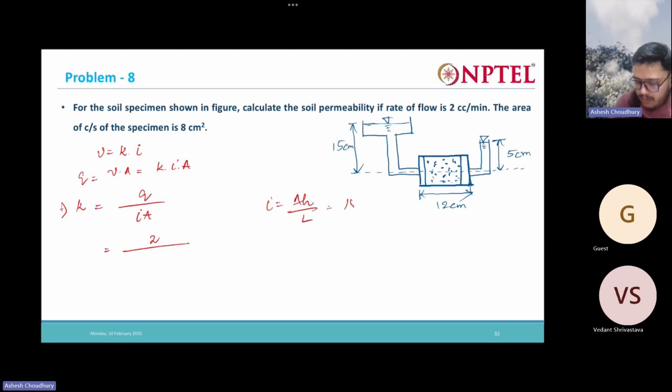So what is the head loss? 15 minus 5, because the left side head is 15 and the right side head is 5. Length of flow is how much? 12, right? So 10 by 12 times the area, 8 centimeter square is given. Simple. So this will come out as 0.3. What is the unit? Centimeter per minute. Since 2 is in centimeter cube per minute, this will be in centimeter per minute.